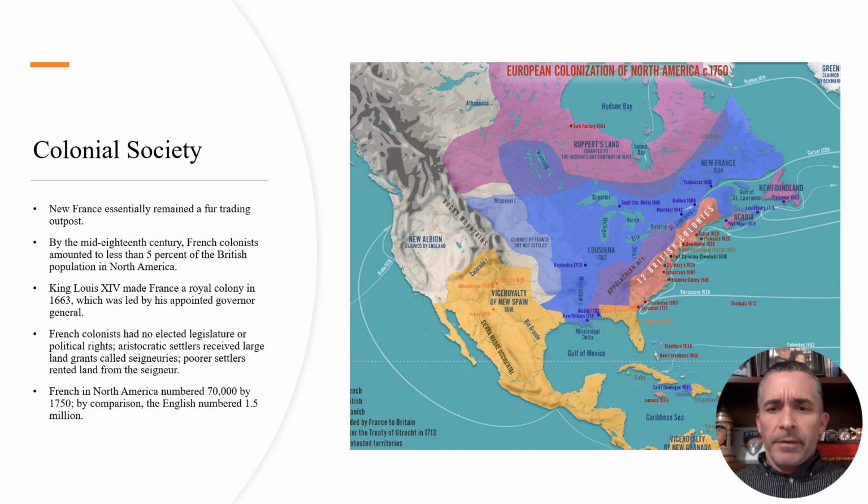Their other main advantage was control of those big waterways that went into the heart of America, like the St. Lawrence River, the Great Lakes, and the Mississippi River.